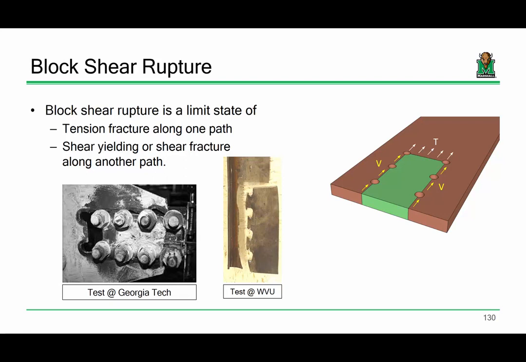Number one, there has to actually be a path of the steel that's in shear, and I'll show you what I mean by that in a second. Number two, it has to fail in such a fashion that it keeps all of the bolts intact. And third, there's a little bit of a common sense approach you have to apply, and that'll become clear after we look into our example.